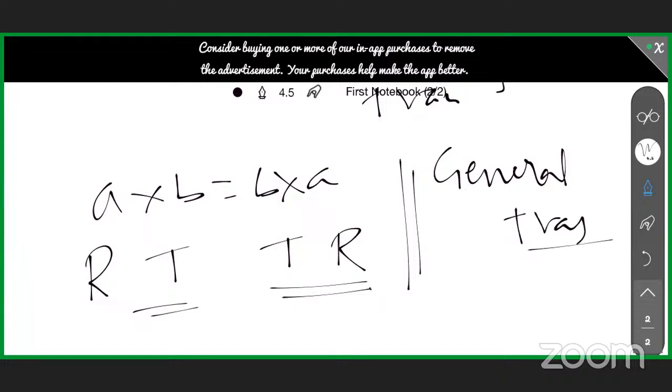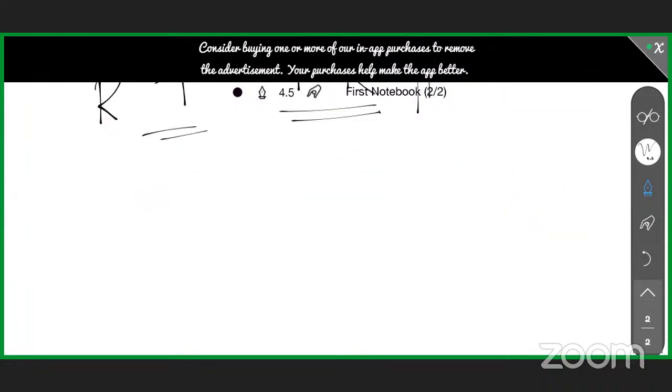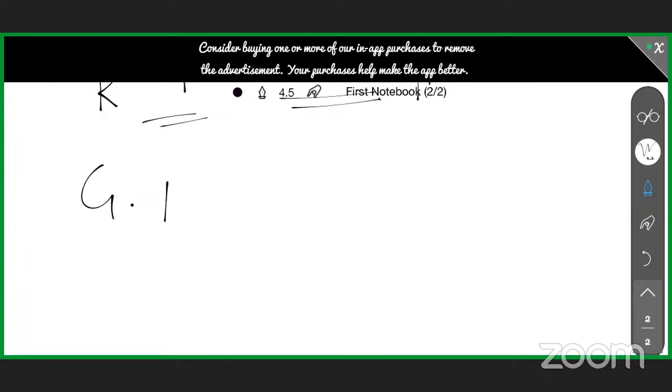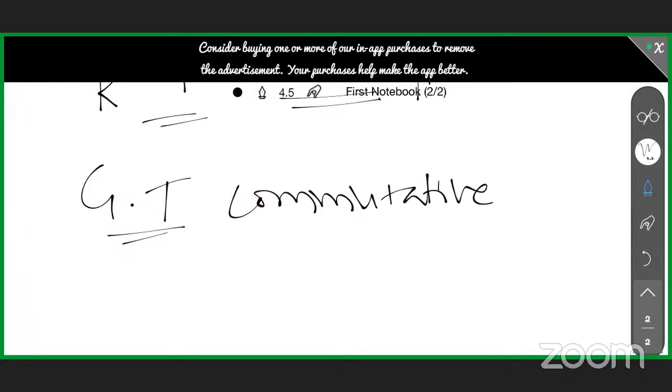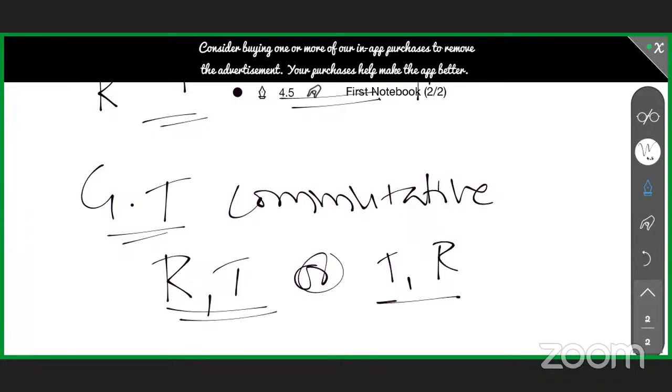Do you understand? Yes, sir. So my general transformation is commutative. What is the meaning of commutative? Whether you do rotation and then translation, or translation and then rotation, both will not vary. Both are exactly the same.